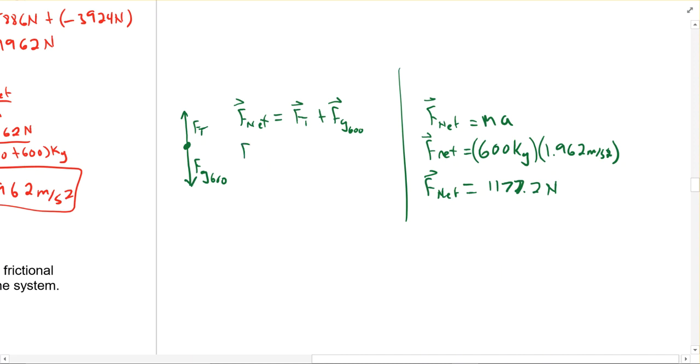Okay, so now that we know that, I'm going to go back over to the left side here. I'm going to rearrange for Ft. Ft is going to be equal to F net plus Fg. So Ft is equal to 1,177.2. Whoops, I rearranged that wrong. It should be F net minus Fg.